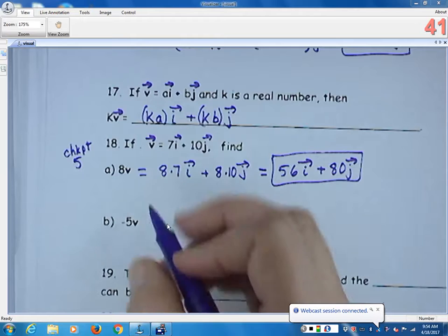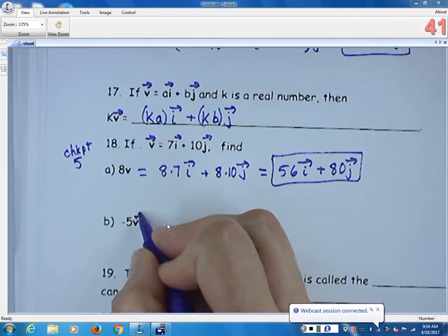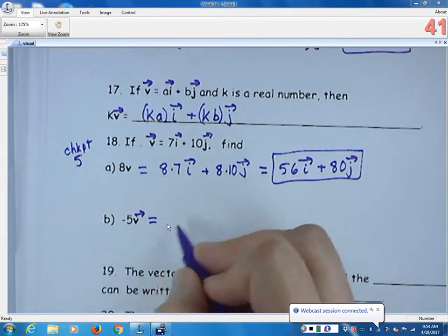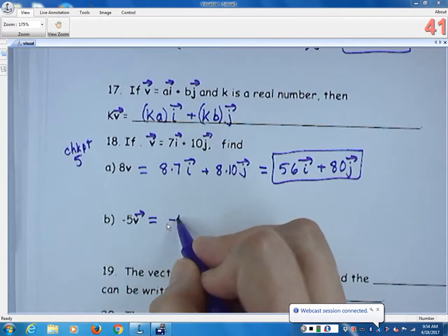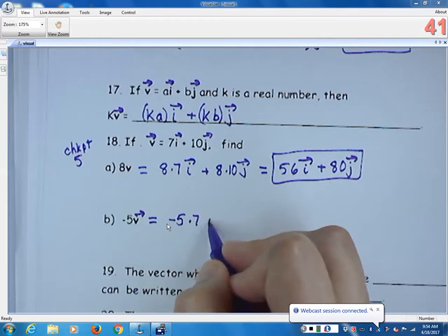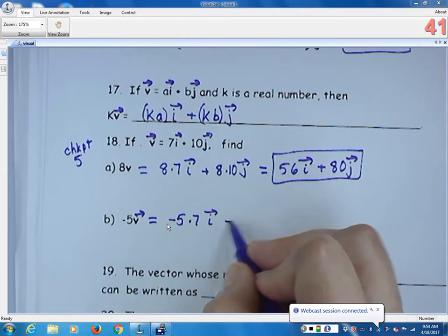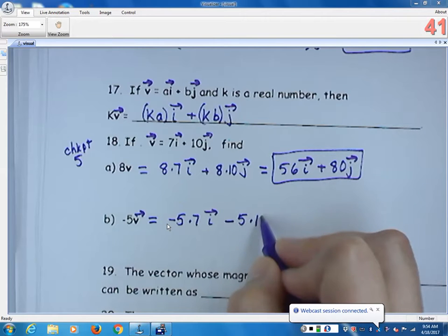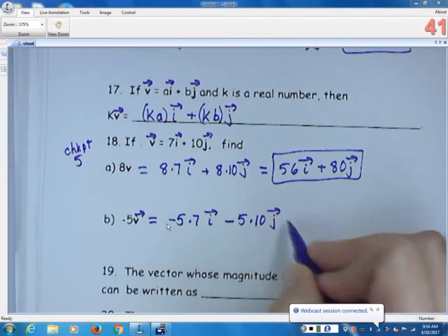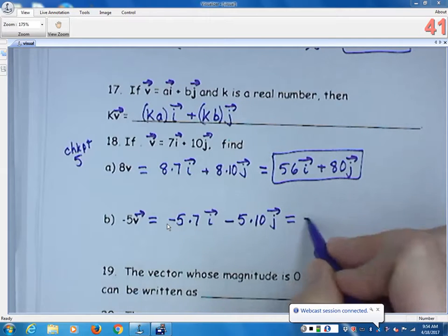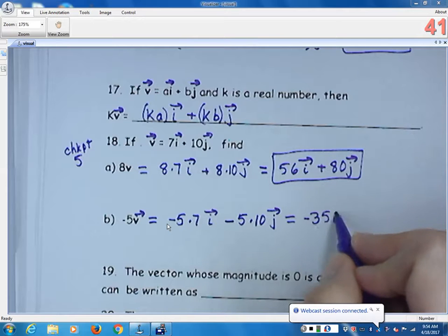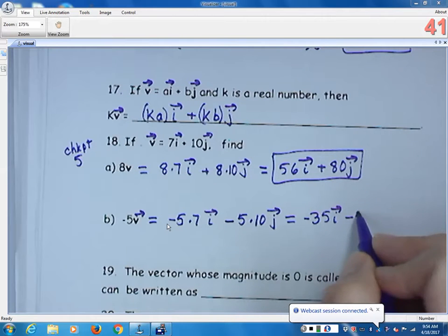Negative 5 B is negative 5 times 7, I minus 5 times 10, J. Minus 35 I minus 50 J.